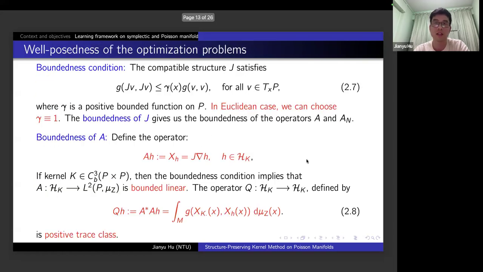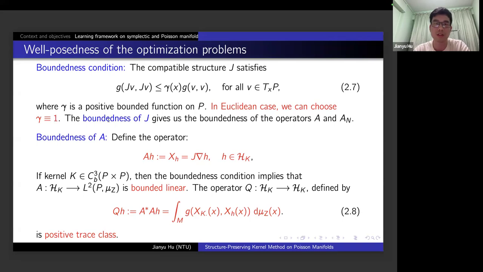Okay, now I introduce the operator framework. In this talk, I will always suppose that this compatible structure J satisfies these boundary conditions. And this assumption is very mild. For example, in Euclidean space, this inequality always holds, as we can choose the function gamma as the constant function 1.